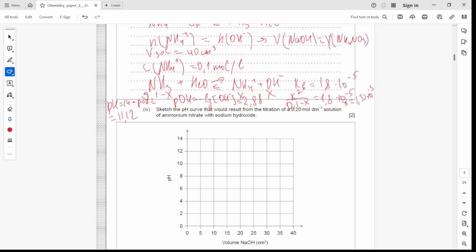So now we need to sketch the graph. So okay, we titrated all of the ammonium nitrate when the volume was 20 milliliters and the pH was about 11. So it would be somewhere here, the equivalence point. And we can just draw it basically like any normal titration curve.